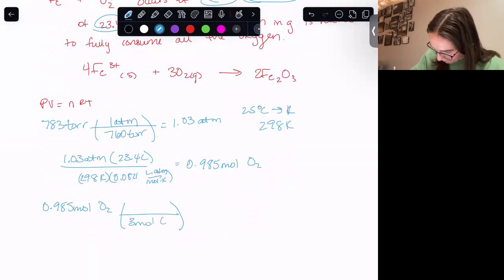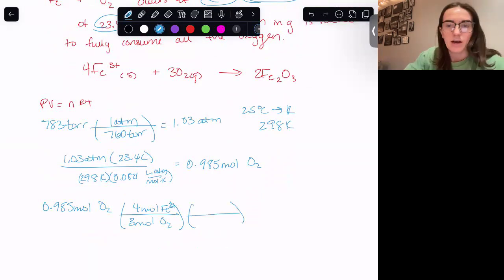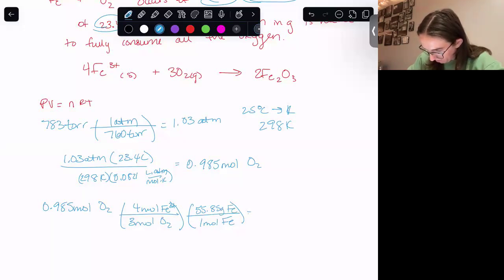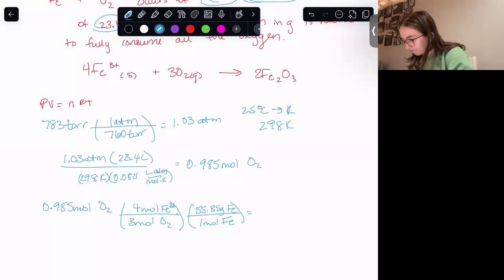For every 3 moles of O2, we need 4 moles of iron. And then iron is 55.85, so 1 mole of iron is 55.85 grams of iron, excuse me. It does not matter that it's a 3+ or just the solid because it's just a change in electrons and those don't count towards the mass.